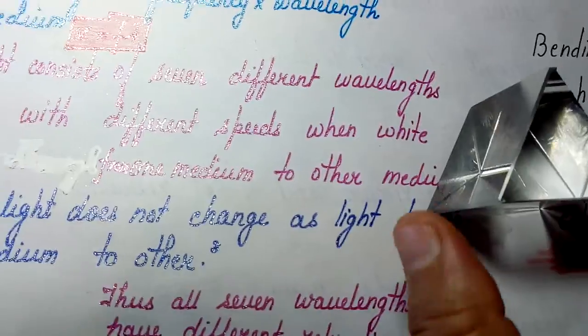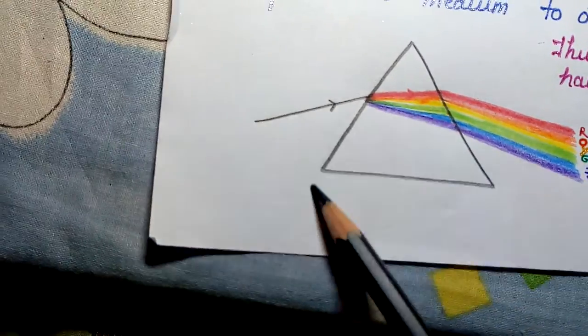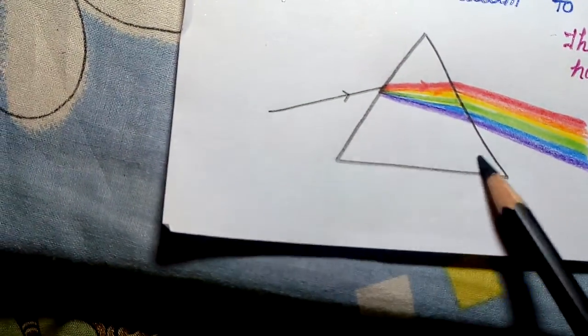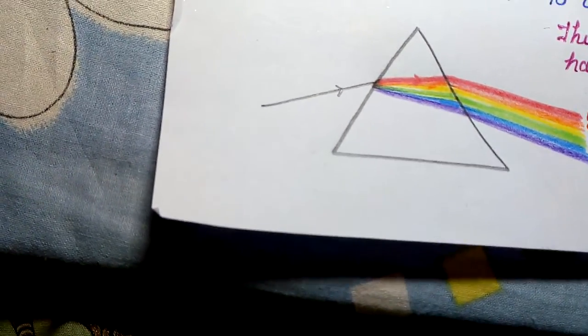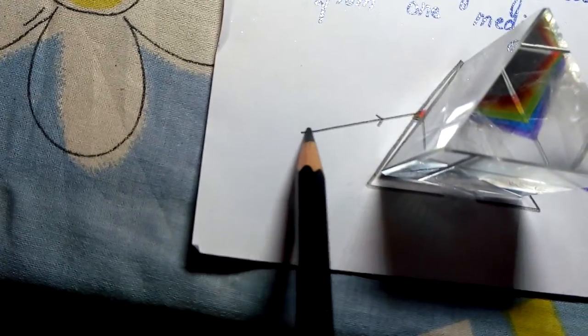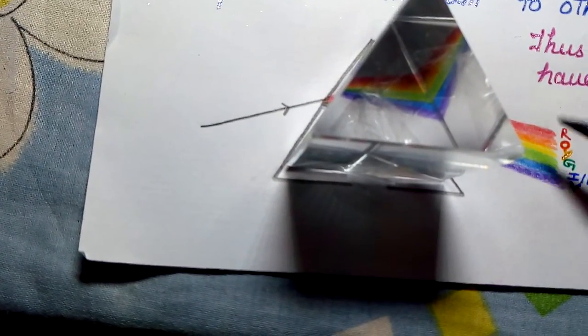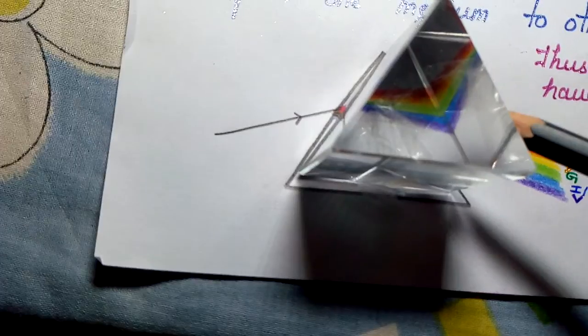Let me understand actually what happens. Can you see the diagram I made to represent a prism? Actually, if I put a prism here, it's like white light is incidenting on this surface and 7 colors are coming out from this surface.